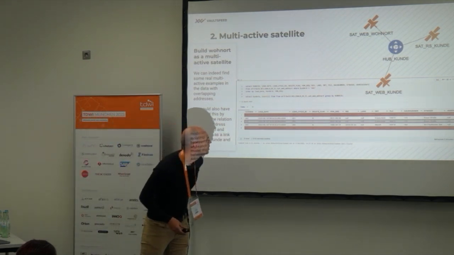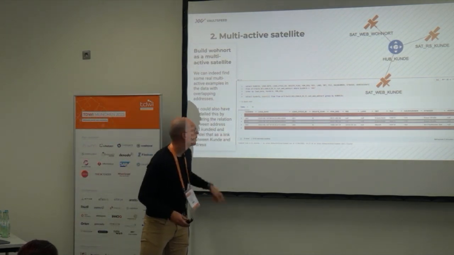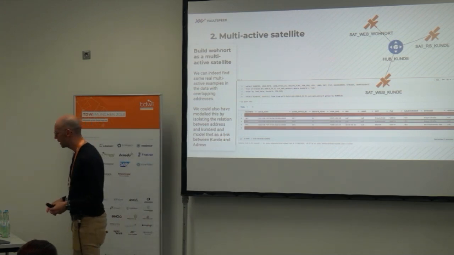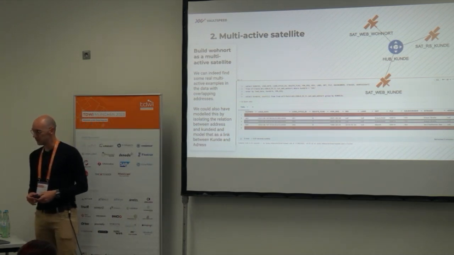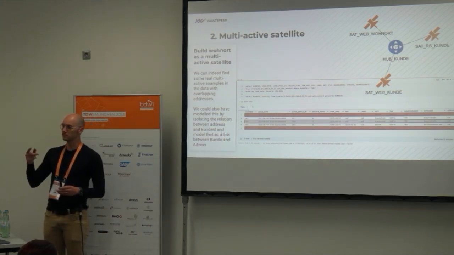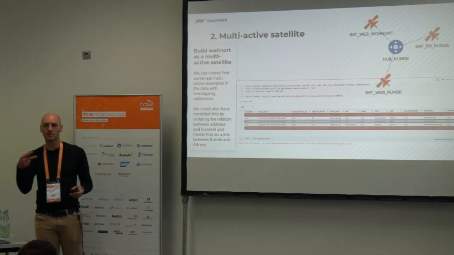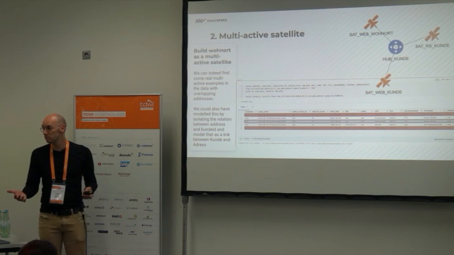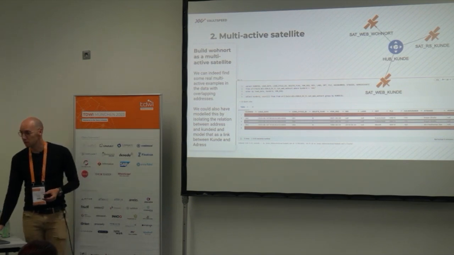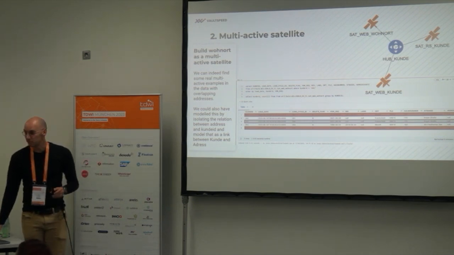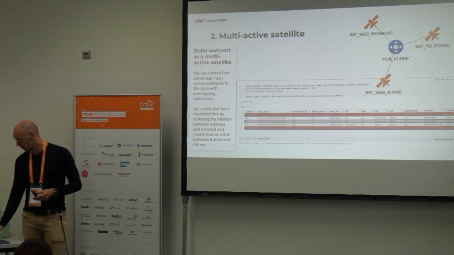So where is it? I looked for an instance where you had a customer that lived at the same address, because that's really multi-active, right? If they lived at the same address at the same time, so they had 2 houses, I don't know, 2 homes, or some other weird thing that was going on.